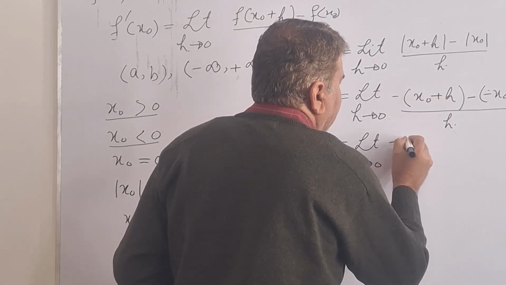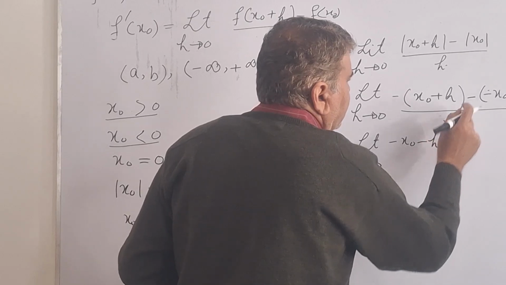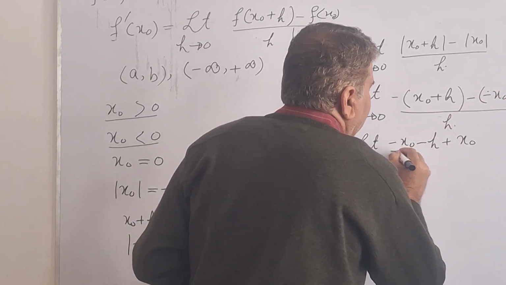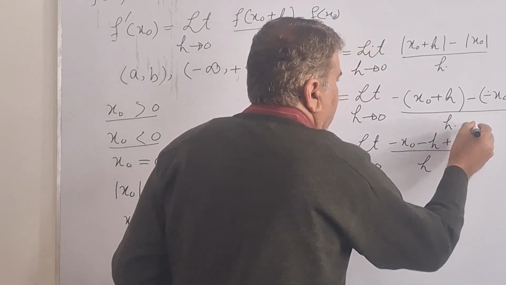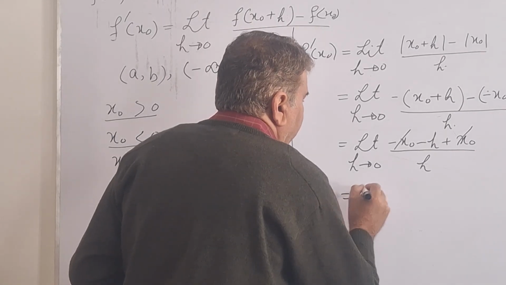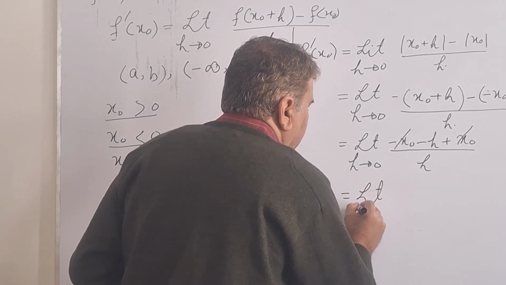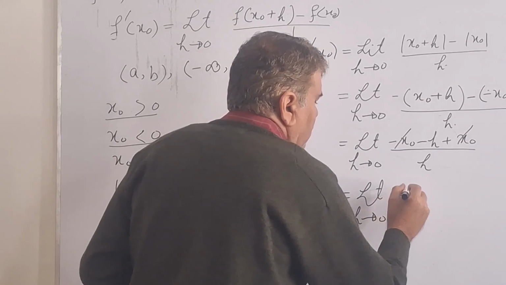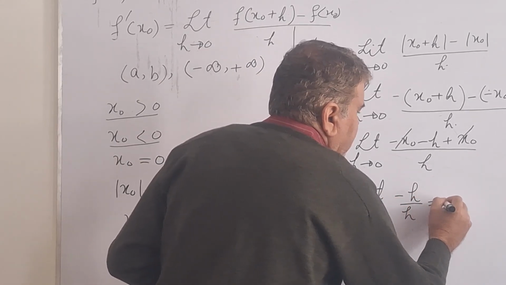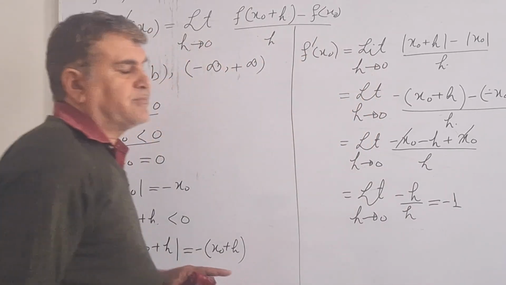I can write minus x naught minus h, in this minus that minus makes it positive, so plus x naught divided by h. This x naught cancels with this minus x naught, and we are left with limit h tends to 0 minus h divided by h equals minus 1.